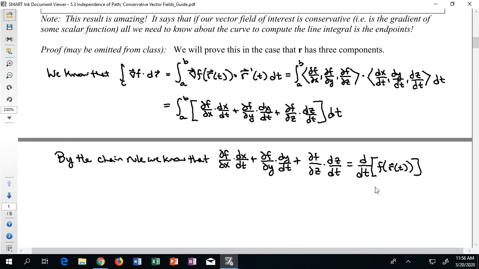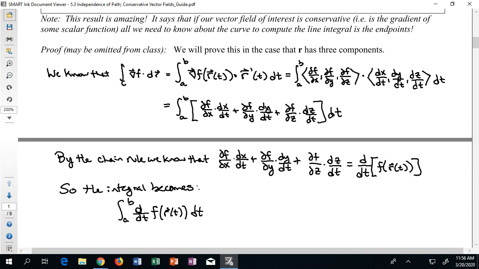Because I'm taking the derivative of my function f, which has components x, y, and z, but then I'm thinking about the fact that x, y, and z are in my r function, and those are totally determined by t. So the integral in this case becomes an integral from a to b of really just the derivative of f of r of t dt, because I can just replace using the chain rule.